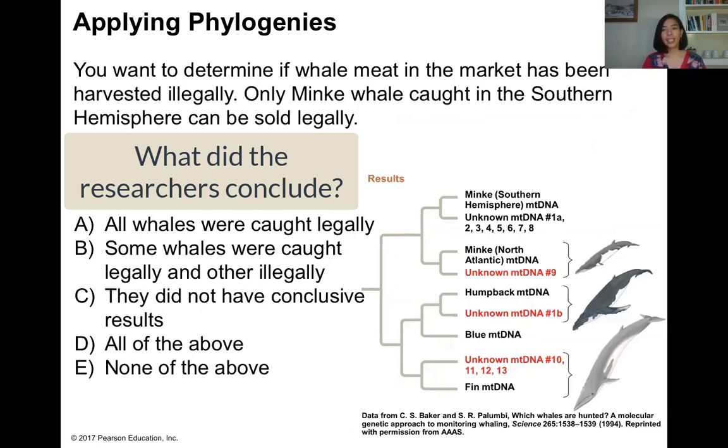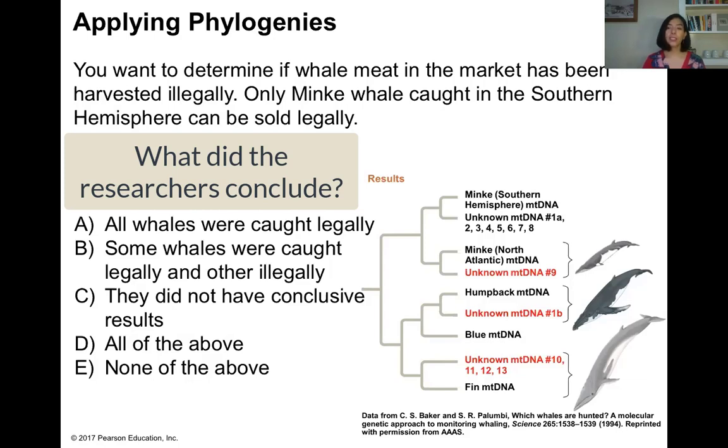In Japan, a group of researchers were trying to determine if all of the meat from whales was legally hunted. Only whales from the southern hemisphere can be sold legally in Japan, not other types of whales.